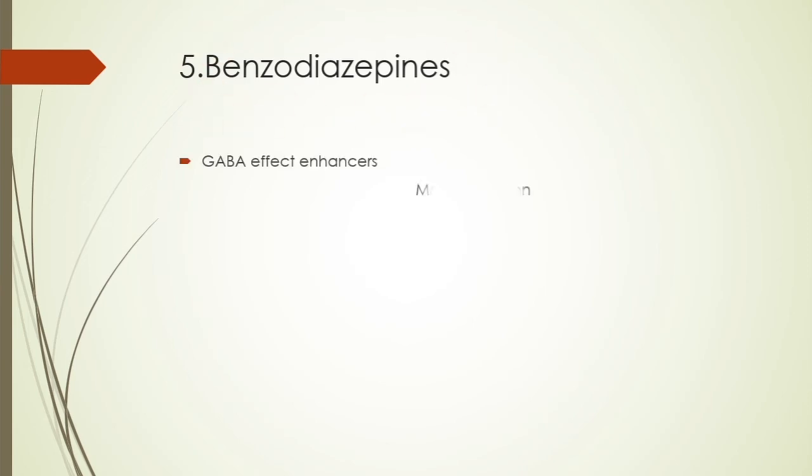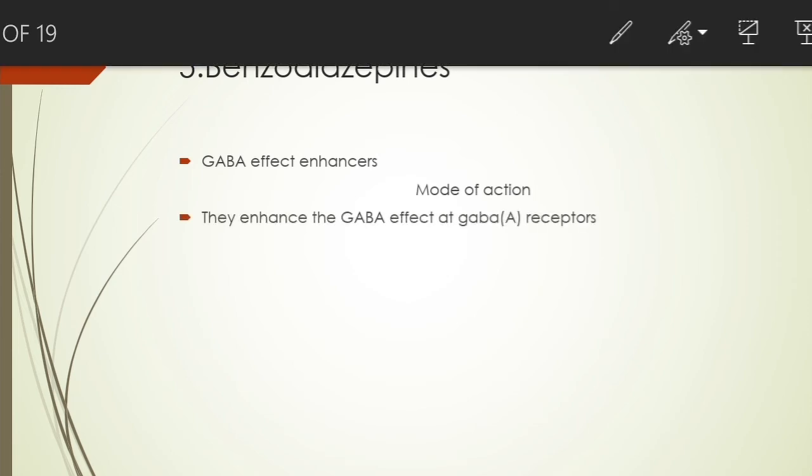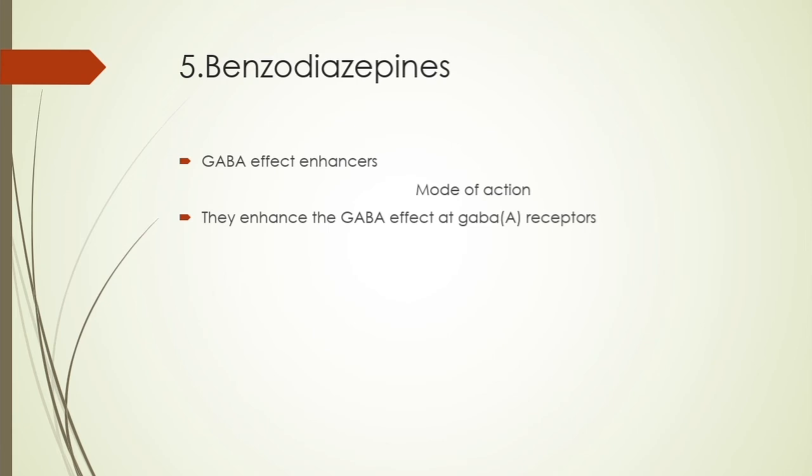Here we have the fifth class of anti-emetic drugs, which is benzodiazepines. Benzodiazepines basically enhance the effect of GABA at GABA A receptors. What is GABA? GABA, gamma aminobutyric acid, is an inhibitory neurotransmitter.